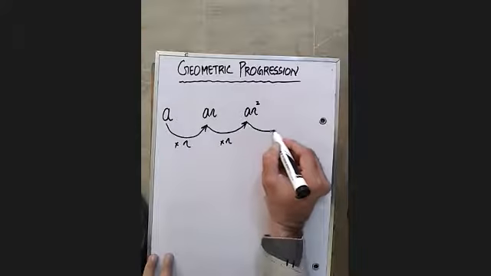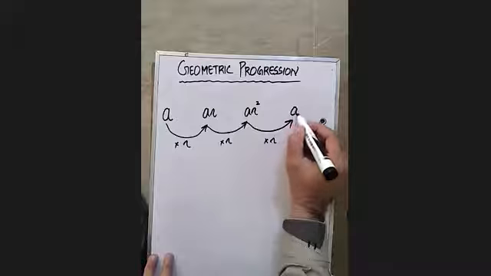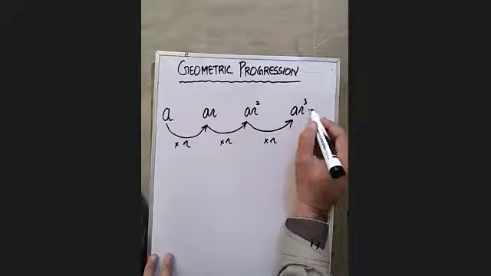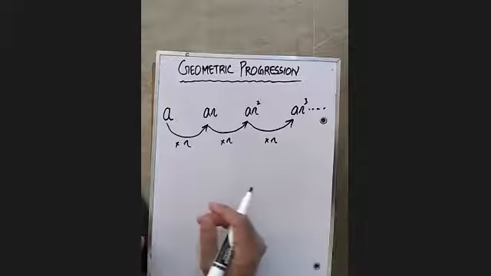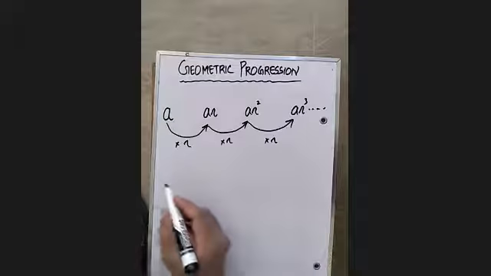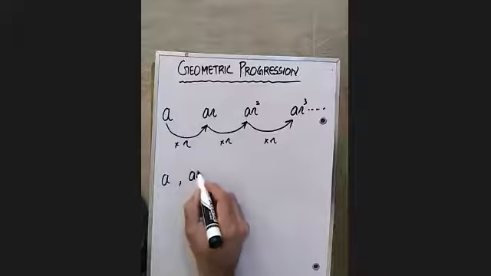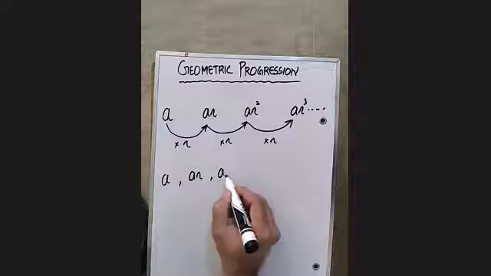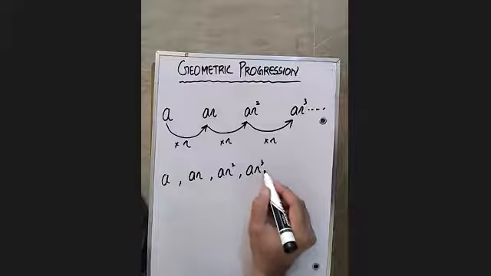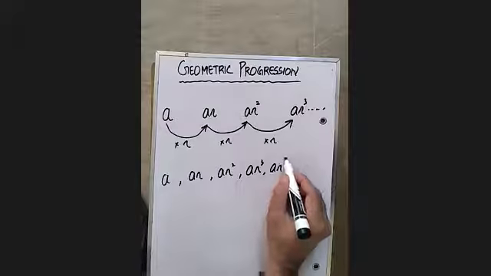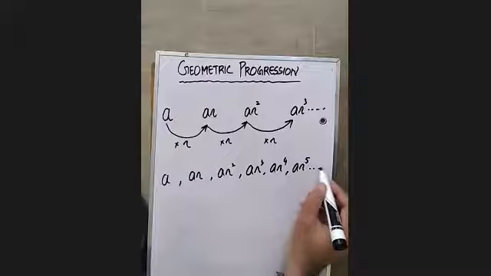We multiply again to get the next term, it's going to be ar cube. So it's going to be ar square, ar cube, ar4, ar5, and so on.